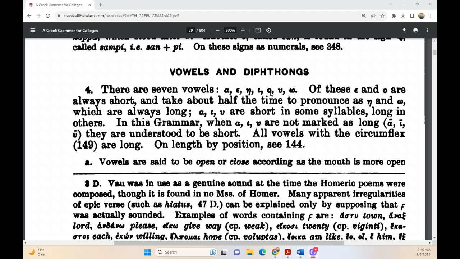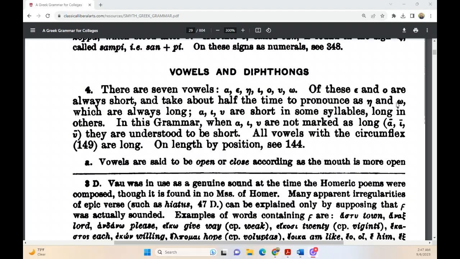Omicron means small o. Omega means great o. So we have the sound o, short, o for omicron. And then we have the long sound, o, o for omega. So epsilon and omicron are always short, and then their corresponding long vowels, eta and omega, are always long.